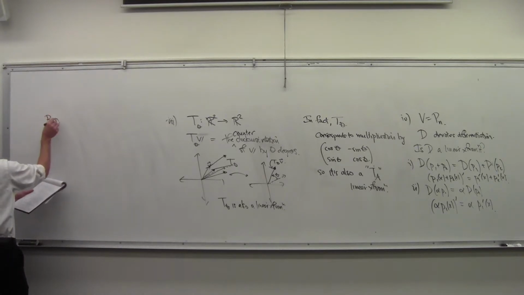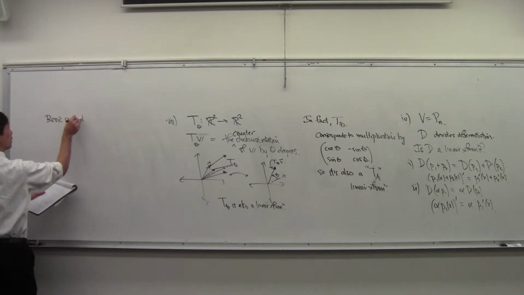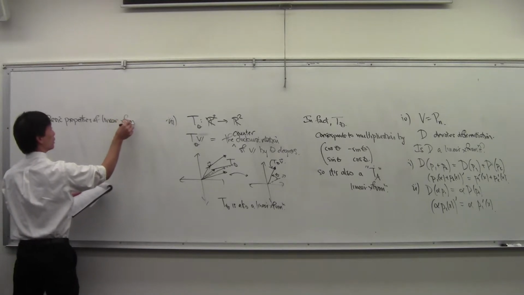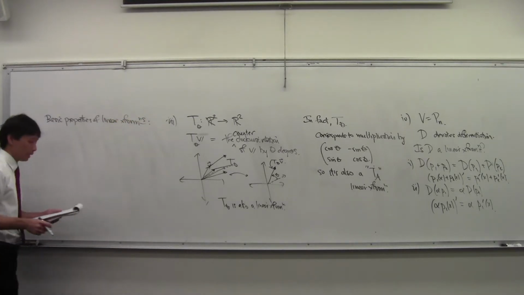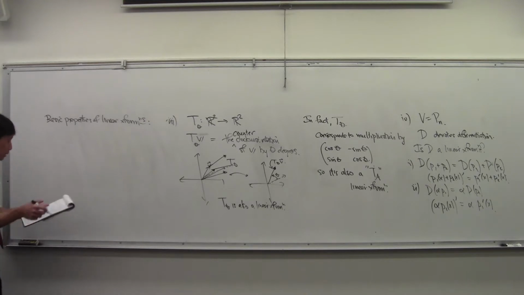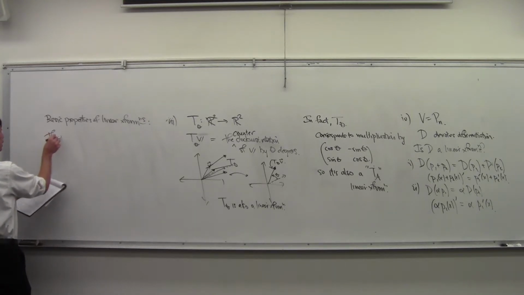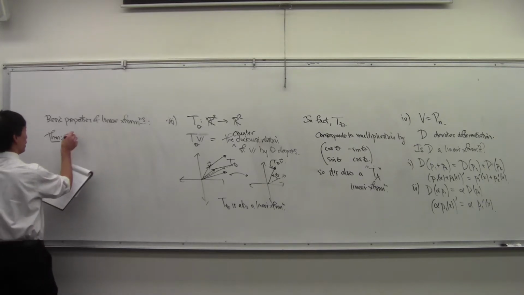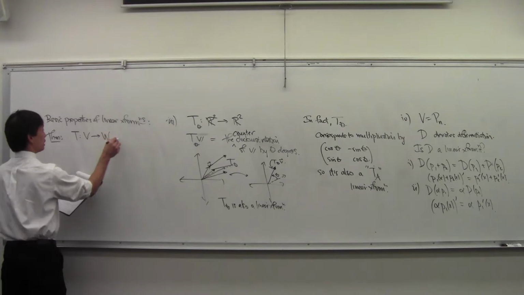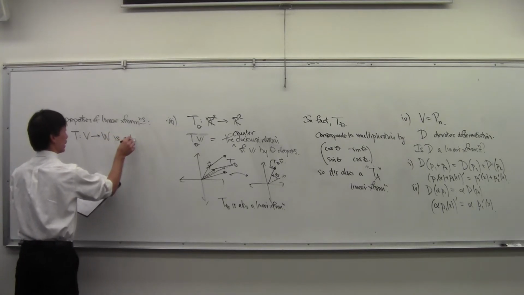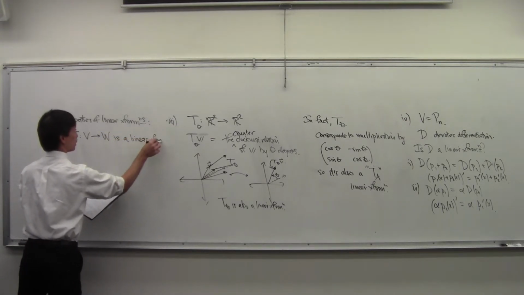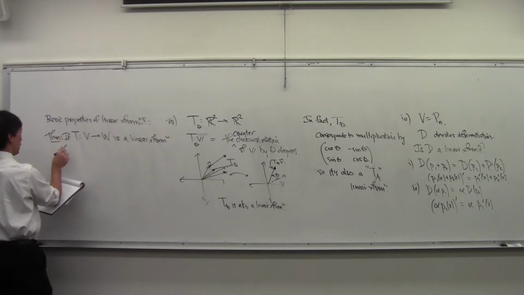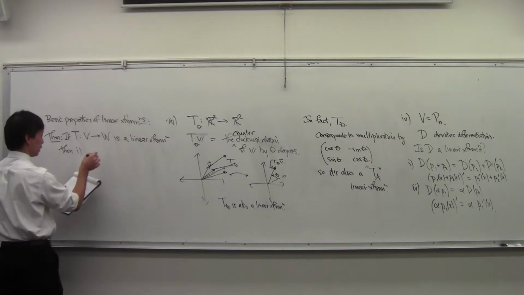Basic properties of linear transformations. These are things that are just consequences of the definition. If T is a linear transformation, then it has two properties.